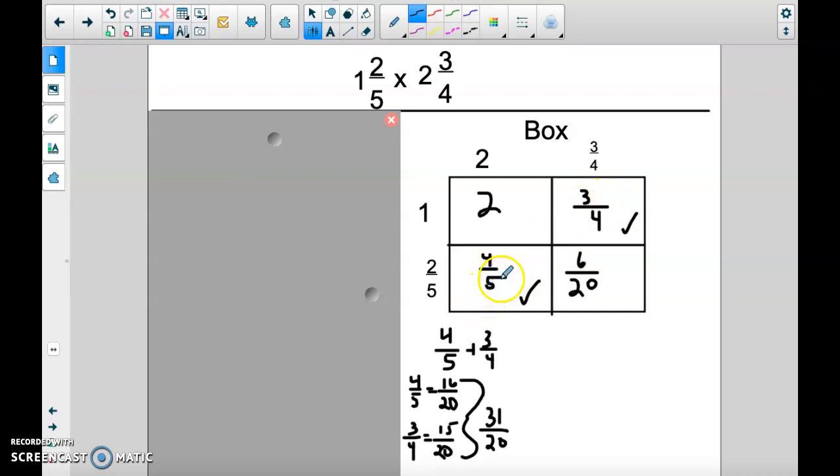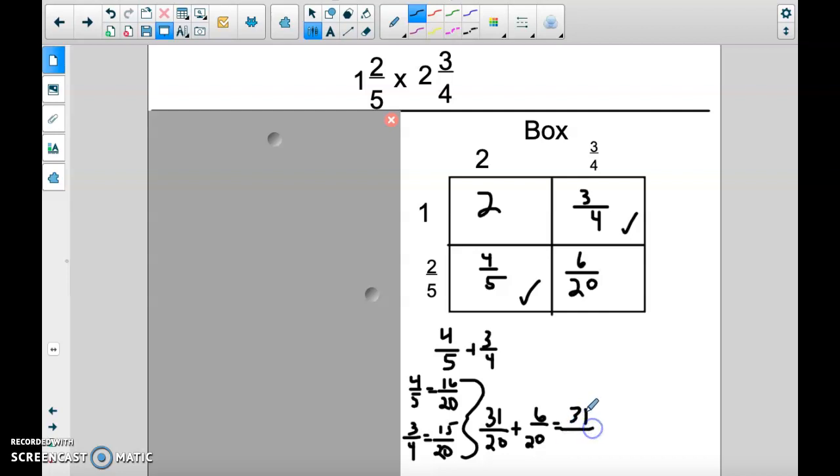The reason with that being, what did my denominator turn into when I did common denominator? 20. This is already 20. So all I have to do is add that on. And guys, that'll happen in every single problem that you do for mixed numbers.